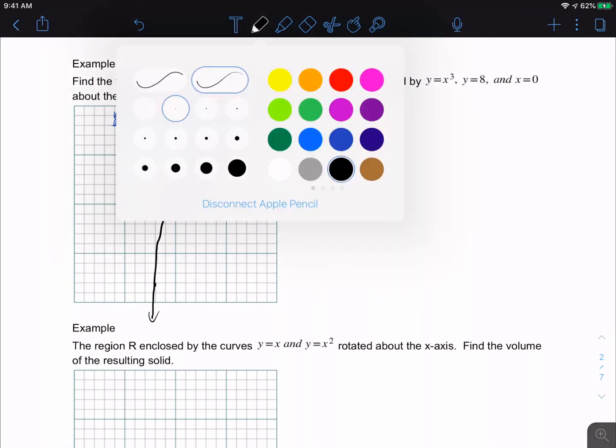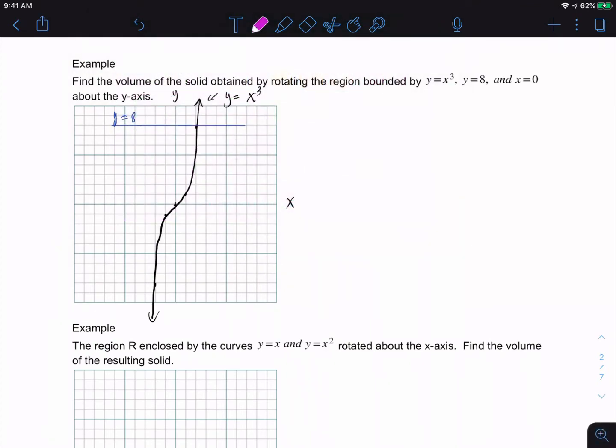And then the next function that they ask for is x equals 0, right? So x equals 0 is along the y-axis here. And so the area that's bounded ends up being this thing right here.